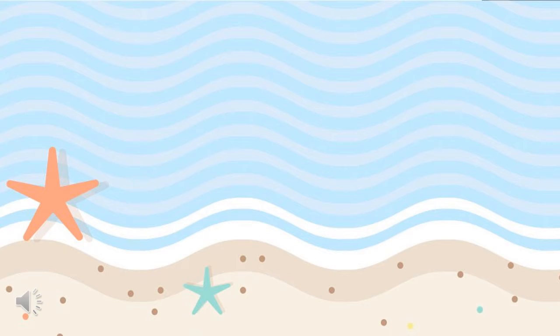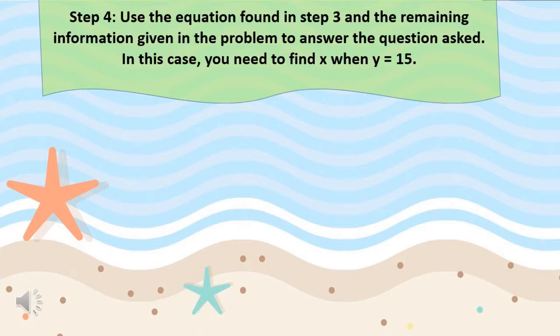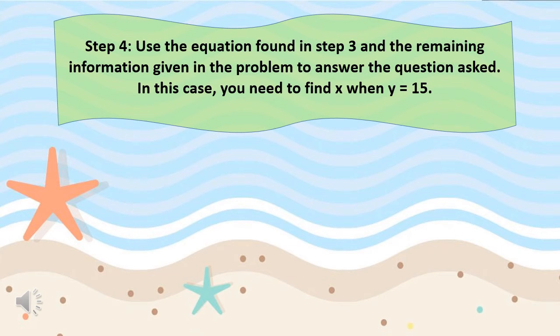Now students, the last part was that we need to find the value of x when y is equal to 15. So let us see what will be the next step. Step 4 is use the equation found in step 3 and the remaining information given in the problem to answer the question asked. In this case, you need to find x when y is equal to 15. So in the third step, we got the equation y is equal to 2 upon 3x.